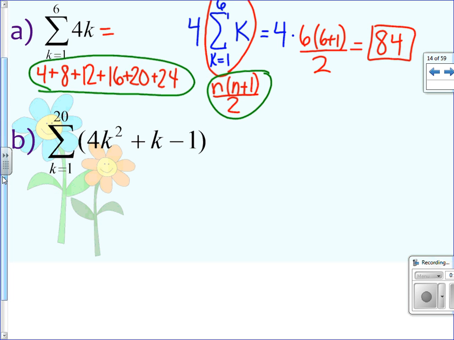But I'm going to split these up because I don't have one formula that has all these in it. So I'm going to split it up first into, bring the 4 out, k squared from k equals 1 to 20. We know we can bring the 4 out from the prior example.